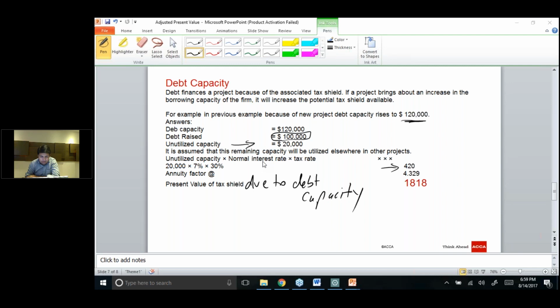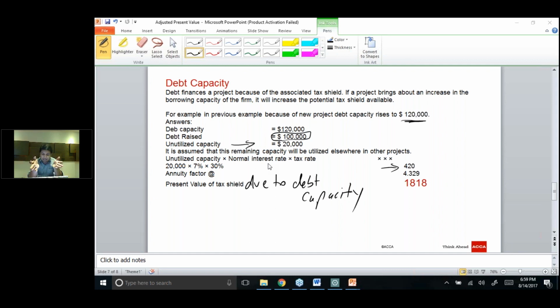And another question is, will there be a tax saving on the unutilized debt capacity? Yes, I have covered it now. There is a tax saving on the unutilized debt capacity. You have to calculate it. Just remember one thing. If there is a debt capacity level given in exam, just compare it with the amount of loan you have borrowed.